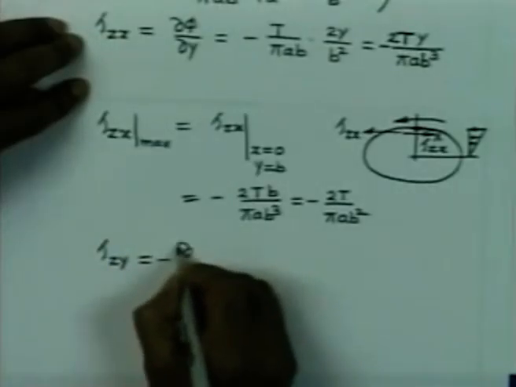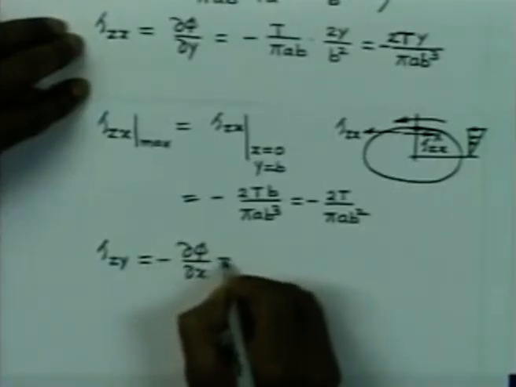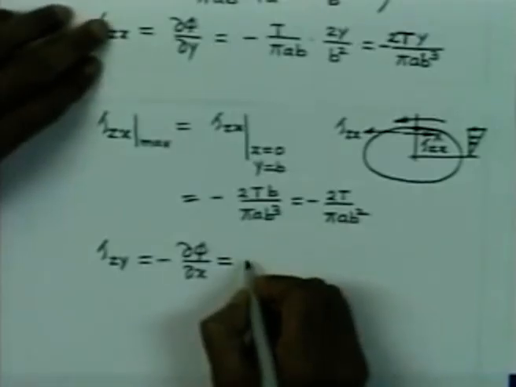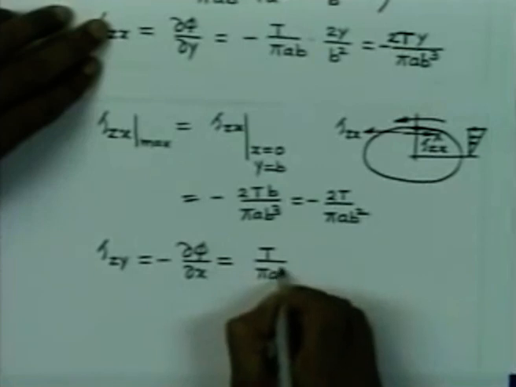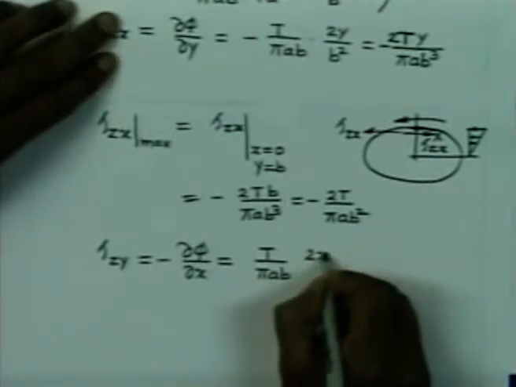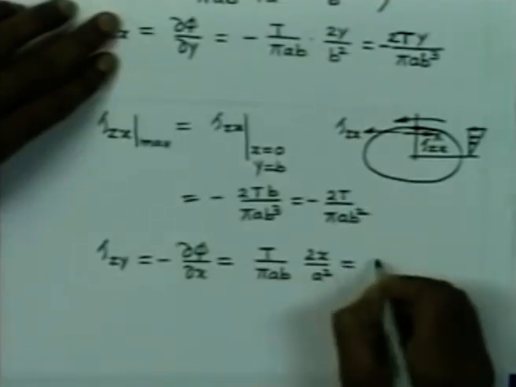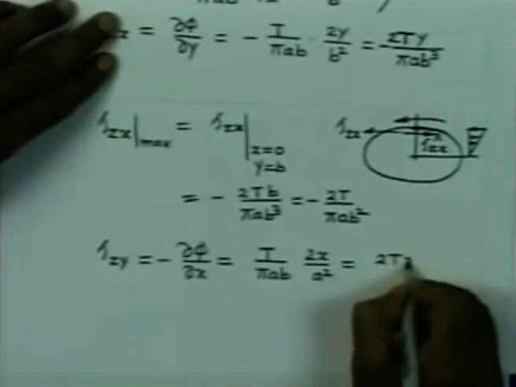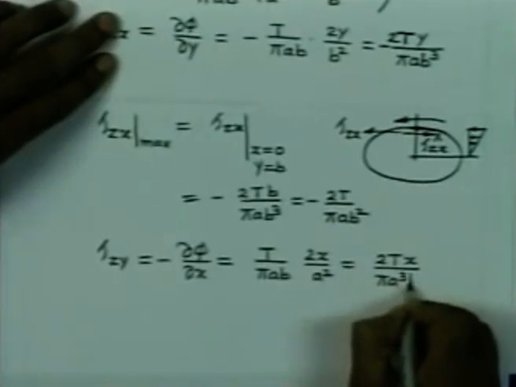Tau zy is nothing but minus delta phi by delta x. So, if we now write, it is going to be t by pi a b, and this differentiation is going to be 2x by a square. So, we will have 2 t x by pi a cube b.